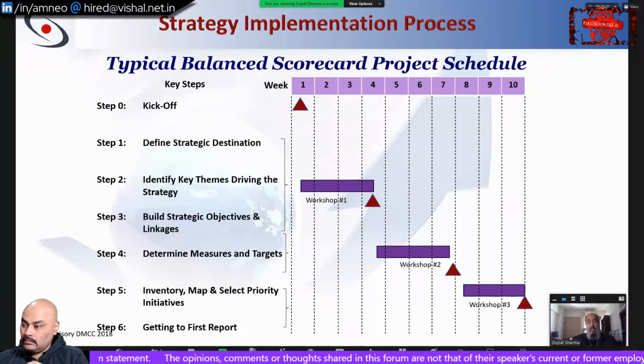So customer satisfaction becomes a lead measure which gives you an indication that, okay, more customers are going to come. If my existing customers are satisfied, by word of mouth publicity, these customers will tell others and they will come to us. So this is how the lead measures work.